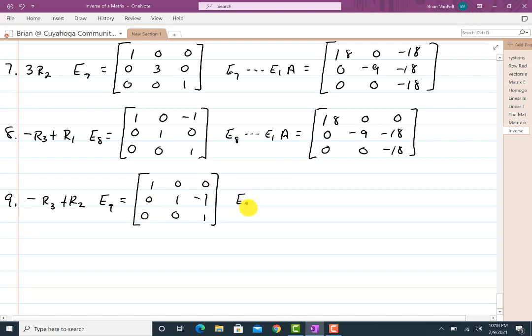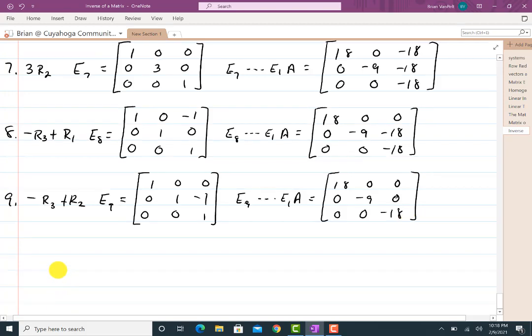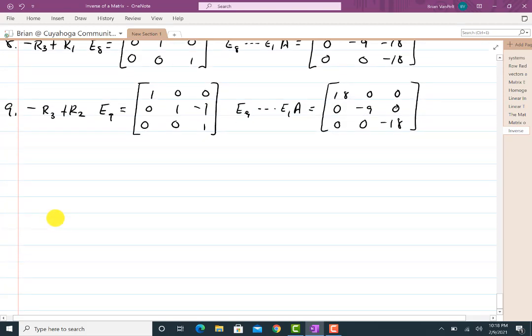And then E9 dot dot dot down to E1A equals 18, 0, 0, 0, negative 9, 0, 0, 0, negative 18. And then the last three steps were to divide each row by the appropriate amount to make them into ones.